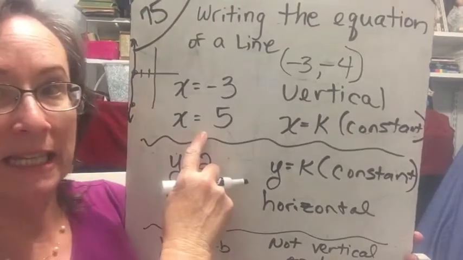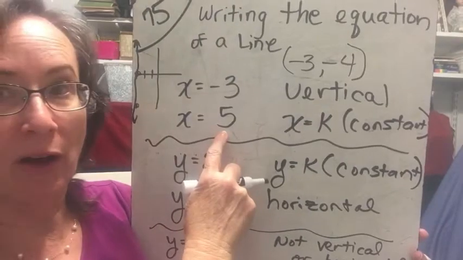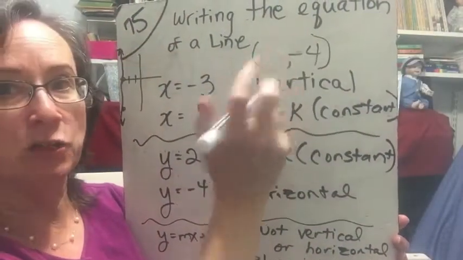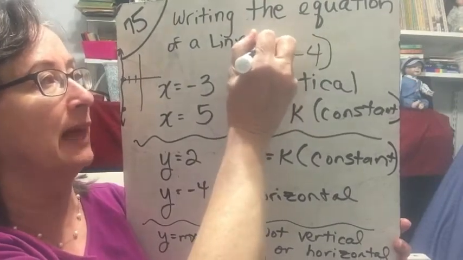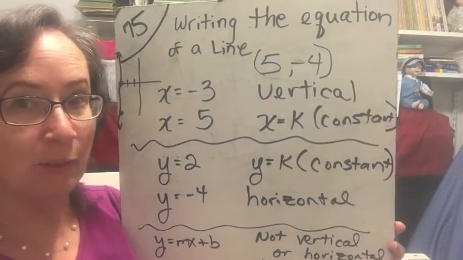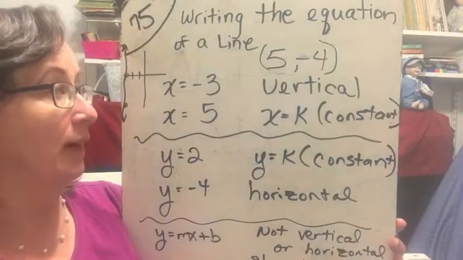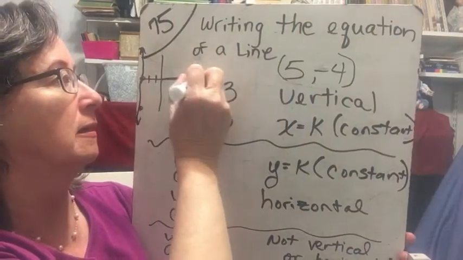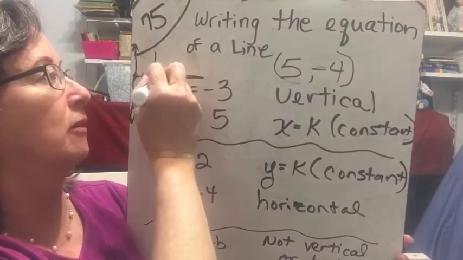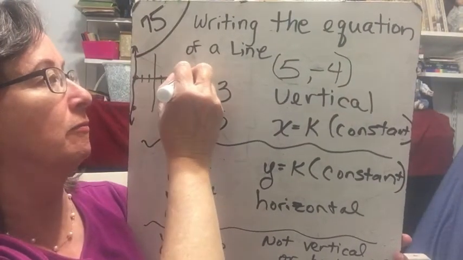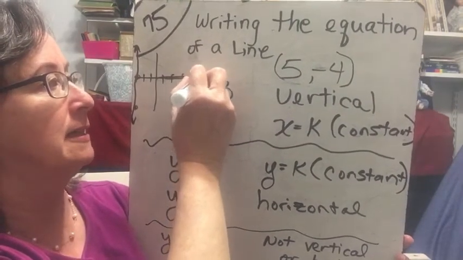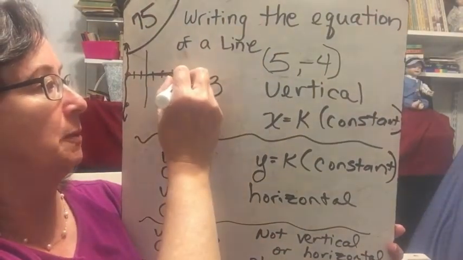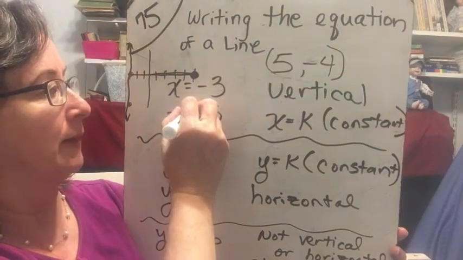Okay, now if on the same graph we did x is equal to 5, that means that in each one of my points on that line, the x value is 5. Right? So I could start with 5, 0. If I'm graphing it, so 1, 2, 3, 4, 5, 0 would be right there. And 5, -4 would be right about there.